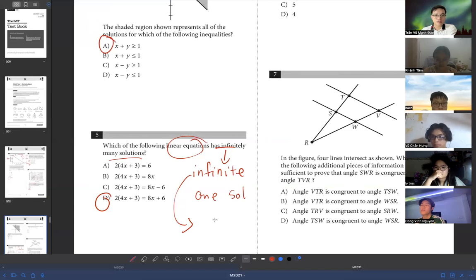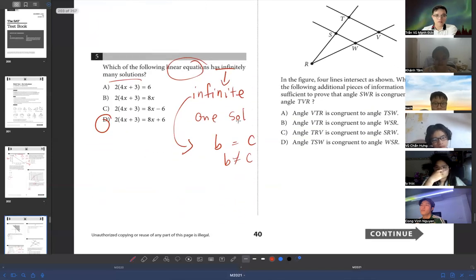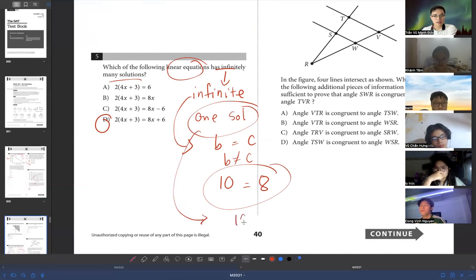When infinite, you're going to have a result in a constant form, b equals c. For b different to c, this doesn't make sense, right? For example, 10 equals 8. This equation has no solution. And if there's one solution, it will be 10x equals 8 and anything in between.